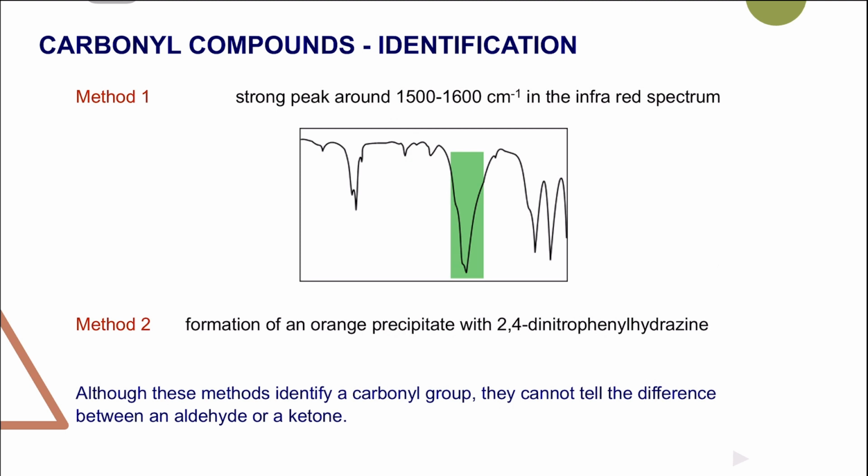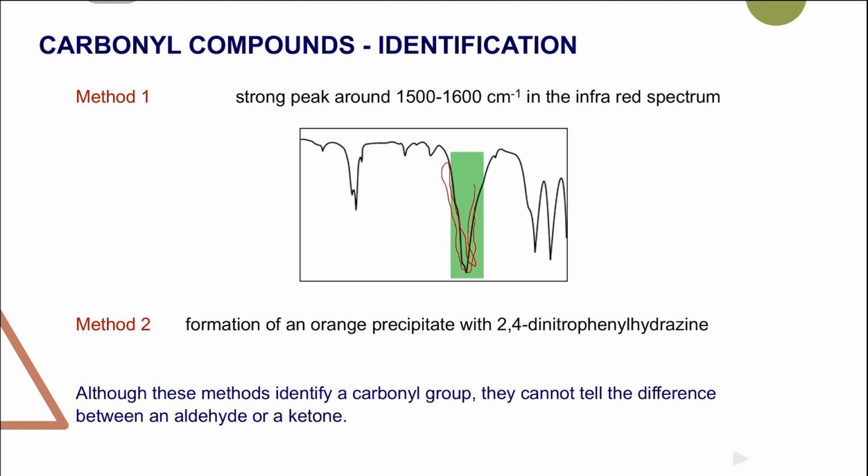In IR, we can see a strong peak around 1500 or 1600 centimeter minus 1 in the infrared spectrum. It's going to be a strong and long peak, very sharp and very strong. This is very specific to the carbonyl group.